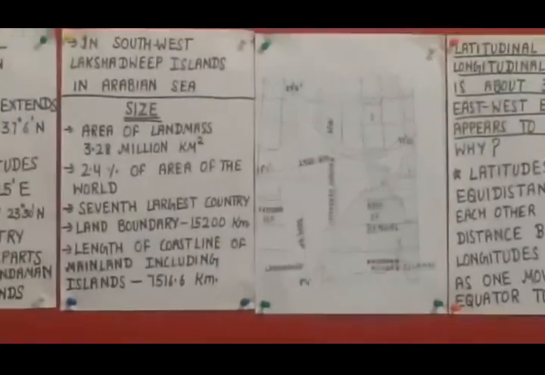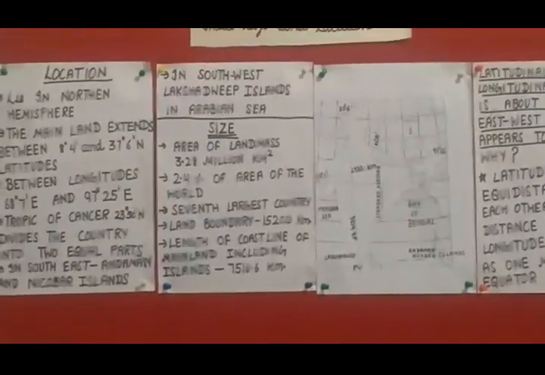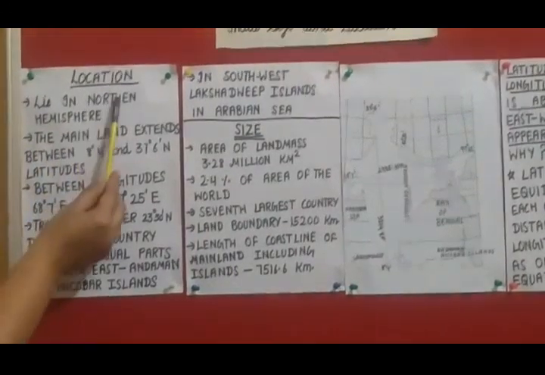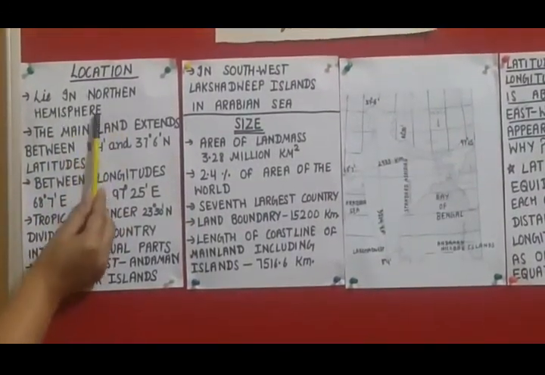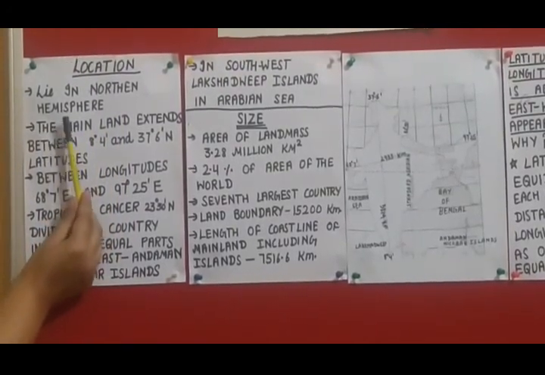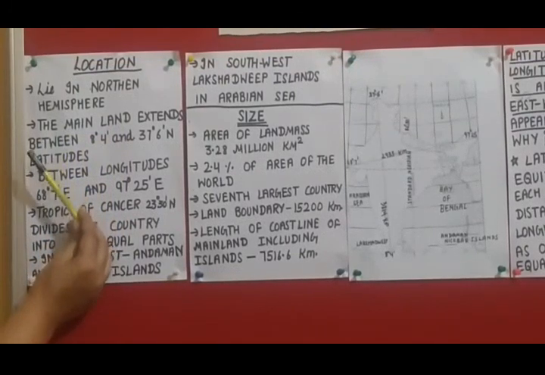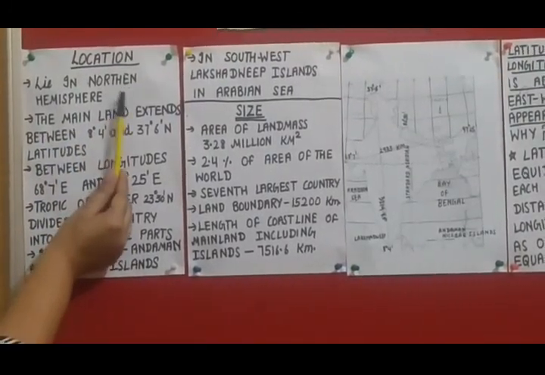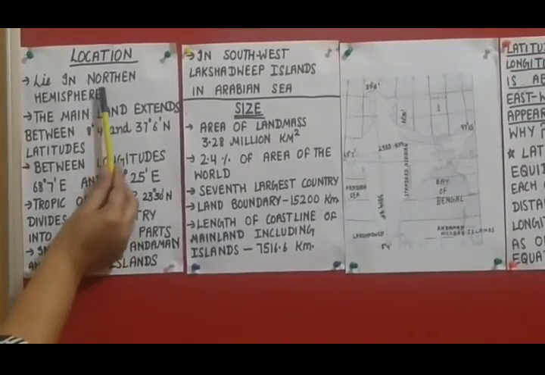Now I think many things you already know. What is the location of your country? India lies in the northern hemisphere. As you know, the equator divides the earth into two equal halves, two hemispheres, and India lies in the upper part.